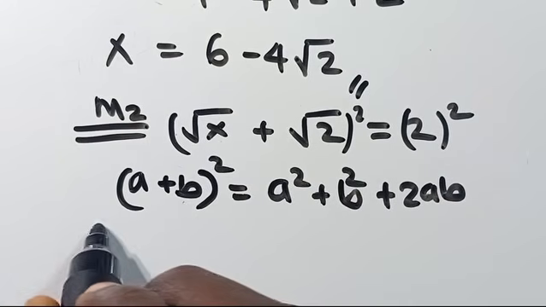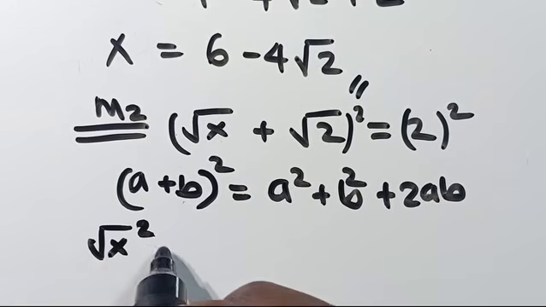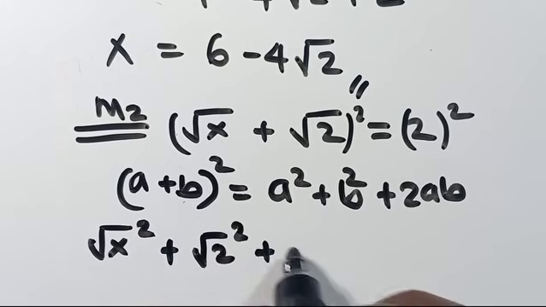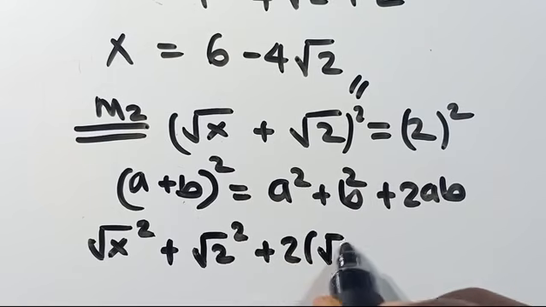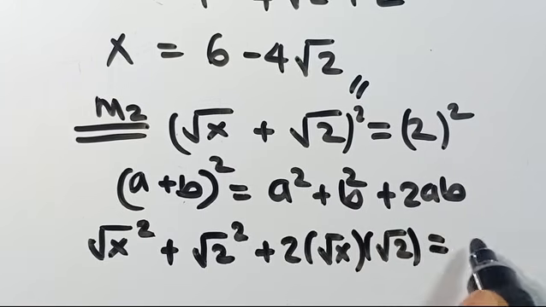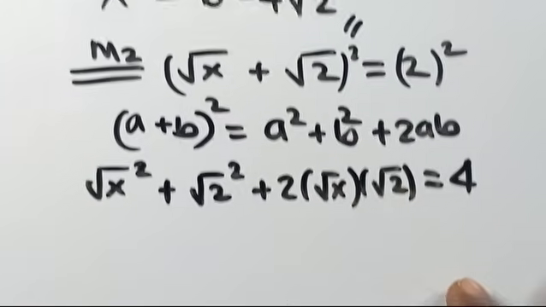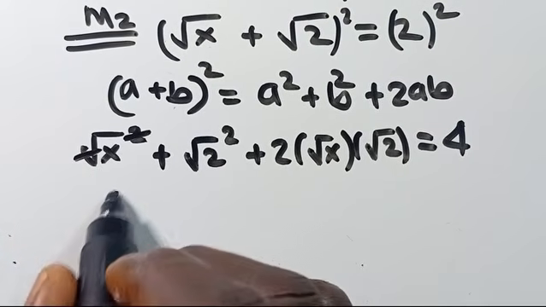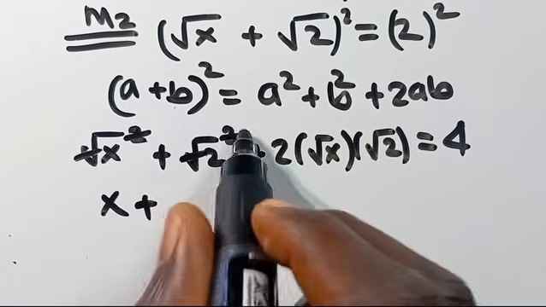Applying it here, we are going to have root x squared plus root 2 squared, plus 2 times root x times root 2. Root 2 squared will be 2. Root x squared, this will cancel, this will cancel.